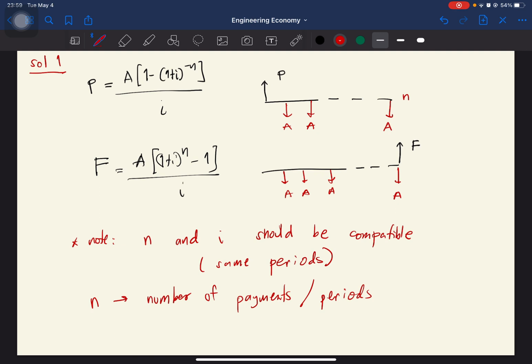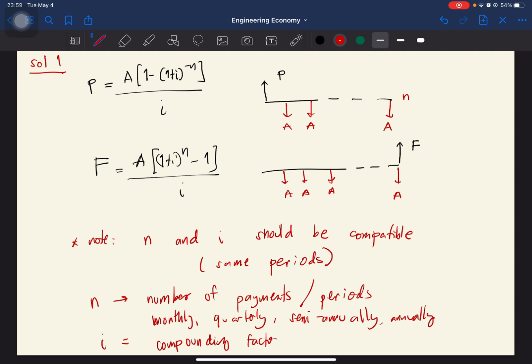It can be monthly, bi-monthly, quarterly, semi-annually, annually, etc. It depends upon the payment terms. So, yung I naman is yung compounding factor o yung interest rate per period.